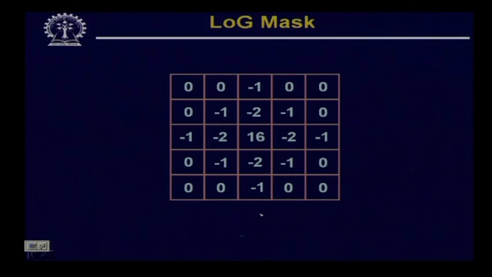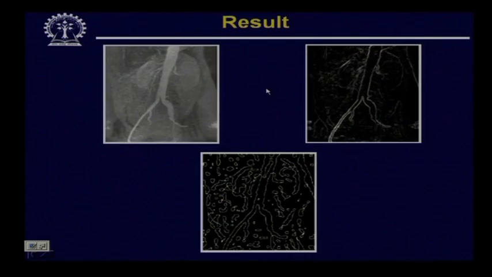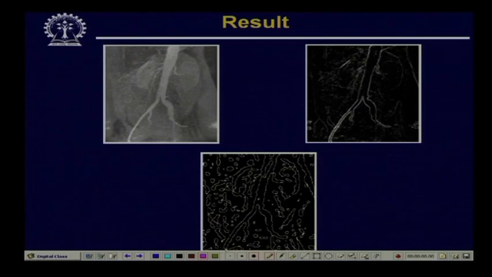So, the location of the edge points you find here. In this particular image, we have shown an image, and on the right hand side we have shown the output that is obtained using the Sobel operator.